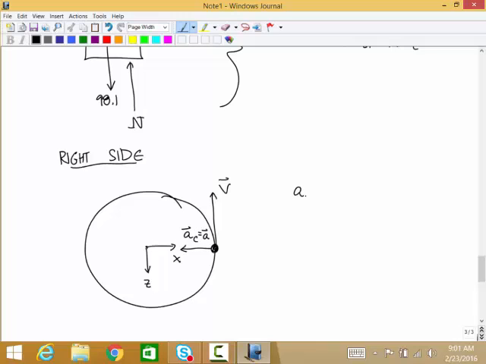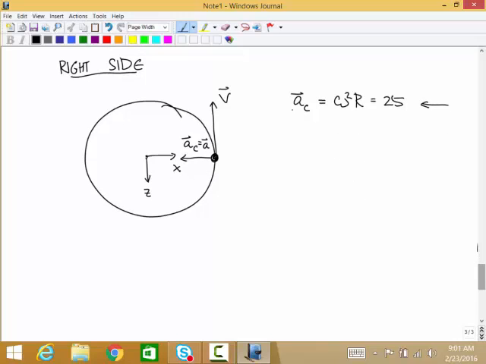And the magnitude of the centripetal acceleration is omega squared r, which is 25 pointing this way. So what's that as an acceleration vector? Negative 25. That's right. It's in the negative x direction, so negative 25, 0.